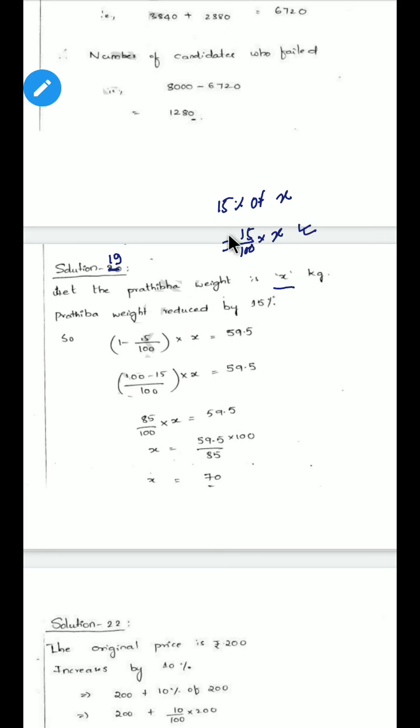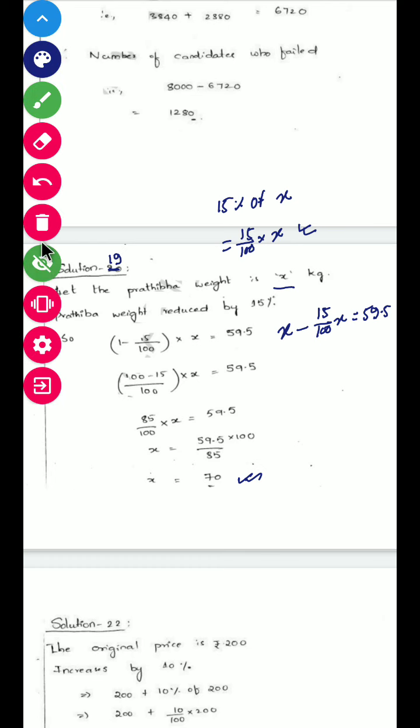Now Pratibha's present weight will be the previous weight minus the reduced weight, which is equal to her present weight, given here as 59.5 kg. Now calculate from here and we will get the value of x. So Pratibha's weight was 70 kg. Now go to the next problem.